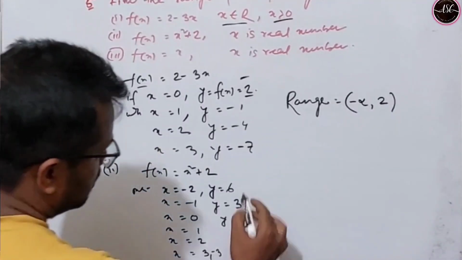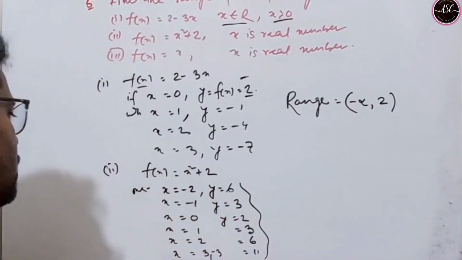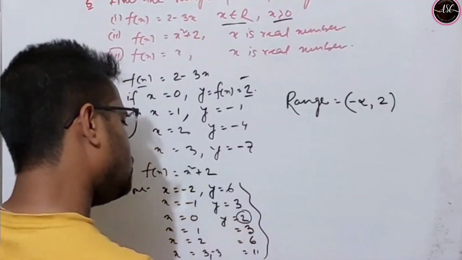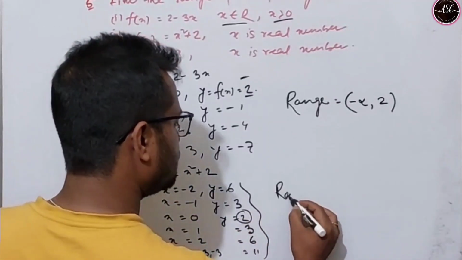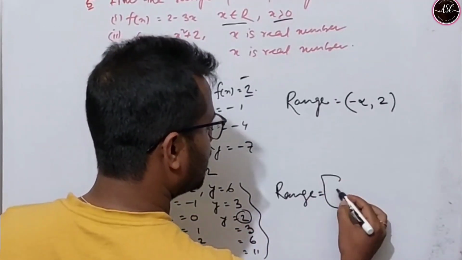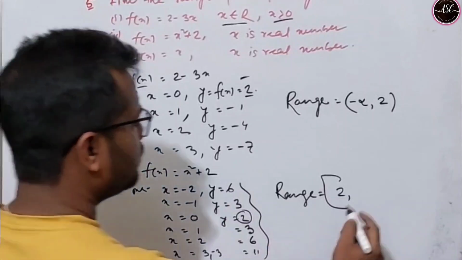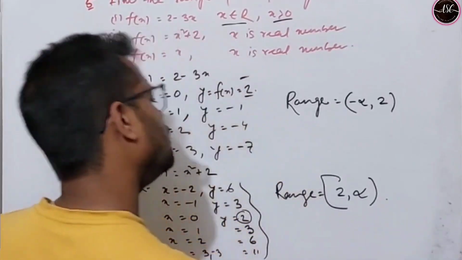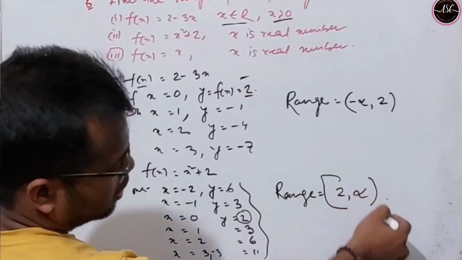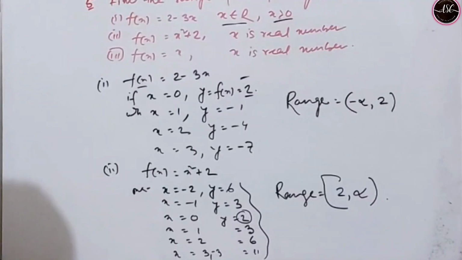So just look at the value of y. The lowest value is 2. So the range will be within the third bracket, 2 comma up to infinity, okay, ending with the closed bracket.